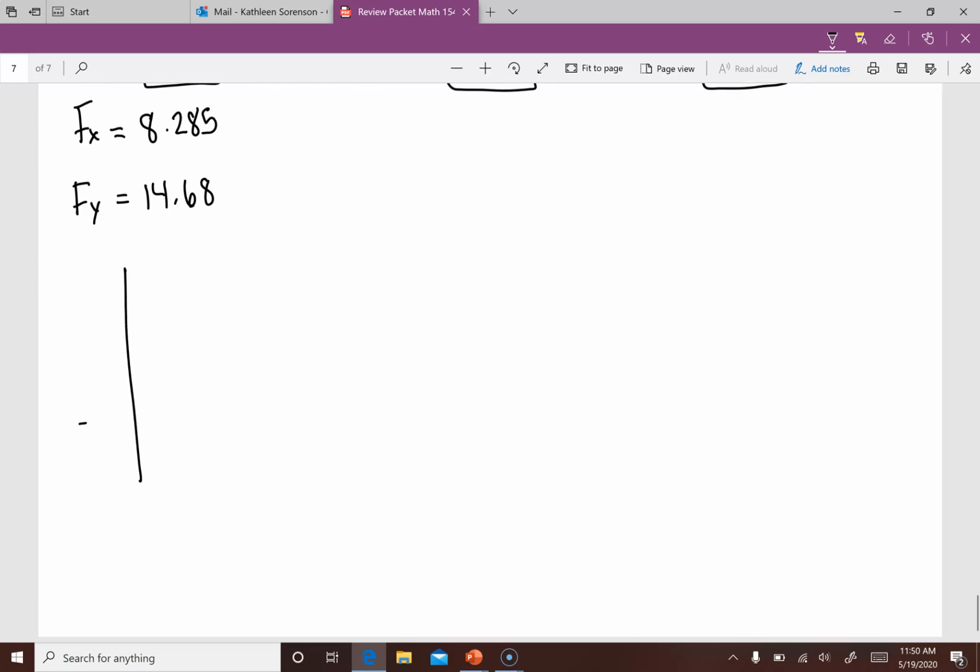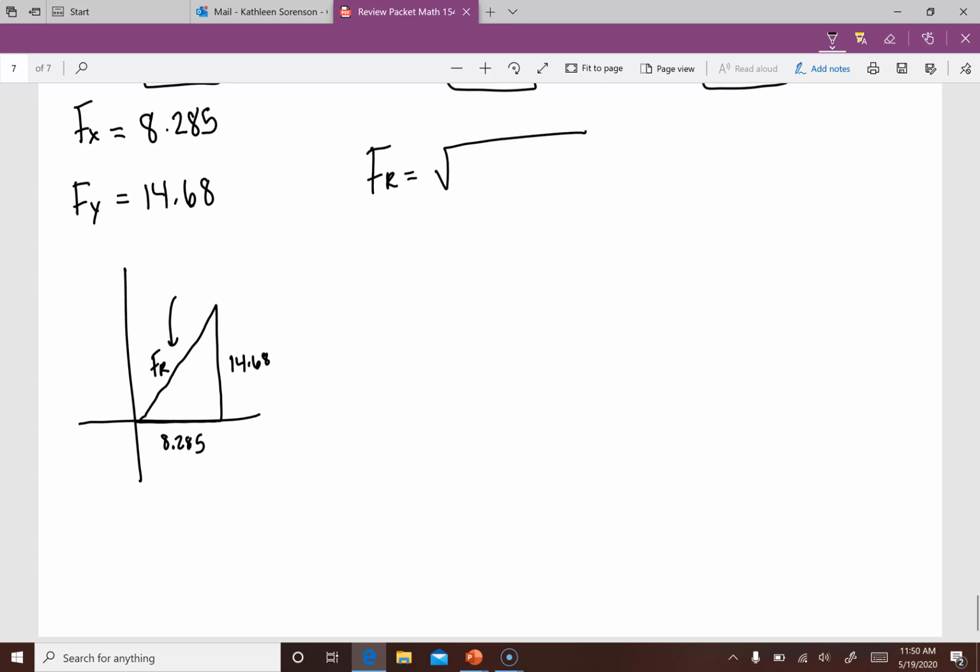Okay, well, we end up with a resulting force vector with an x component of 8.285, and a y force vector of 14.68. Of course, we want to find F sub r, or the resulting force vector. To do that, we're going to use the Pythagorean theorem.